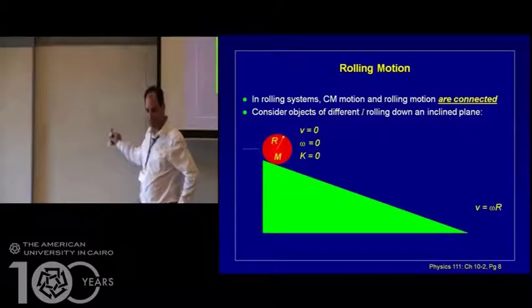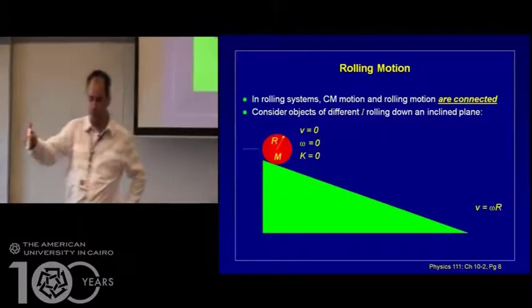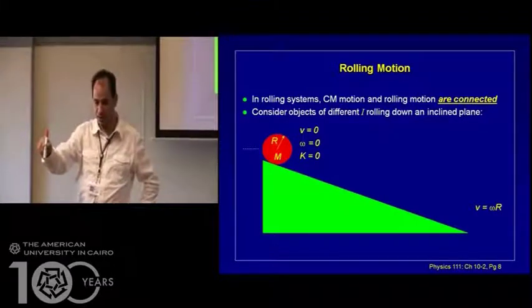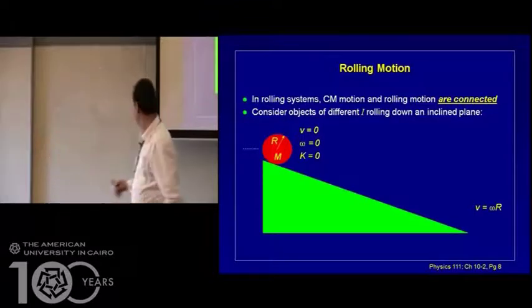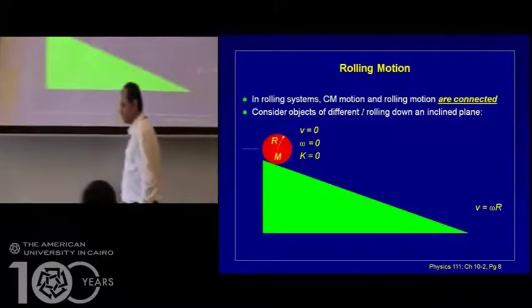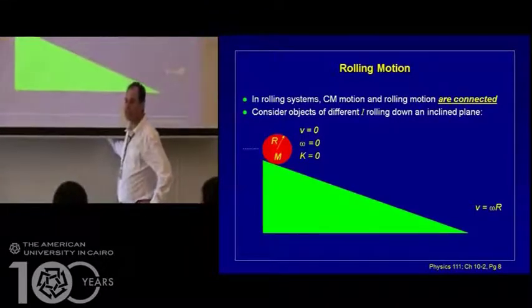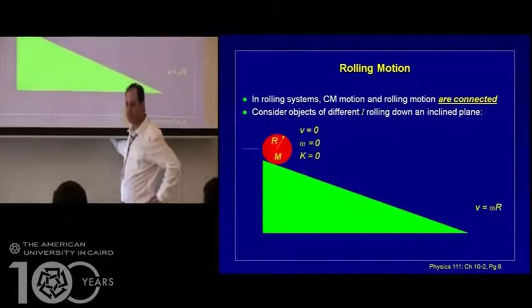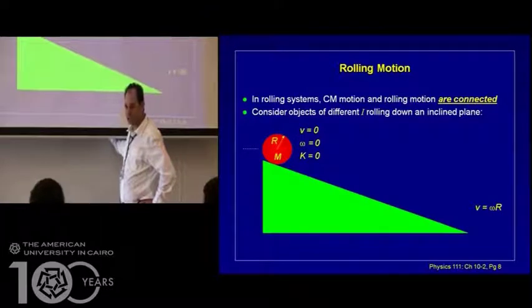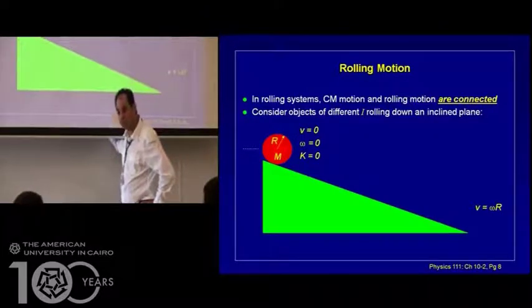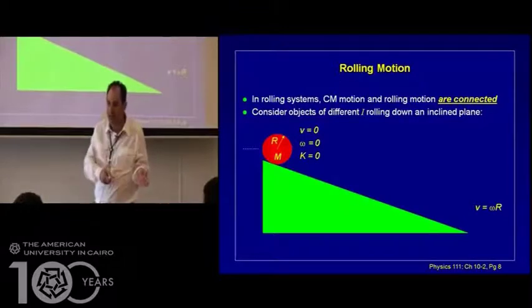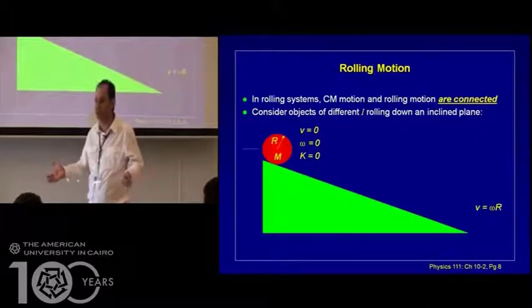Now, what is the position of the center of mass? Where is the center of mass? 8 and 2. Did the center of mass change? When I say center of mass, by default, it's a position.